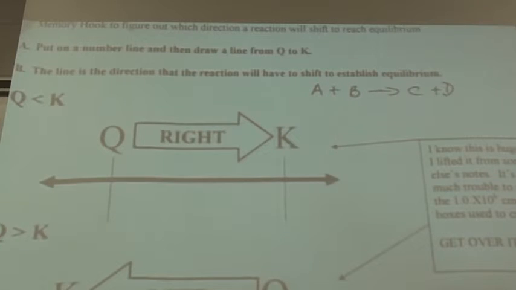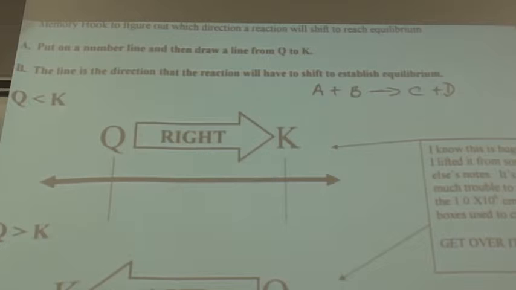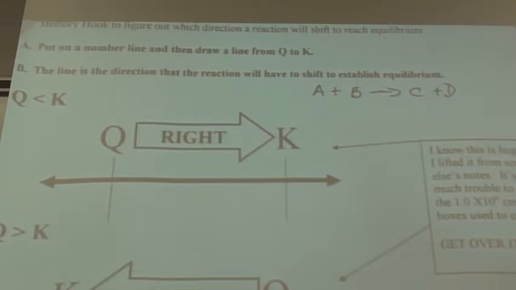Let's say that we were given some concentration, and we found Q is 123. And we looked up the equilibrium constant for this reaction, and we saw that the equilibrium constant is 456.